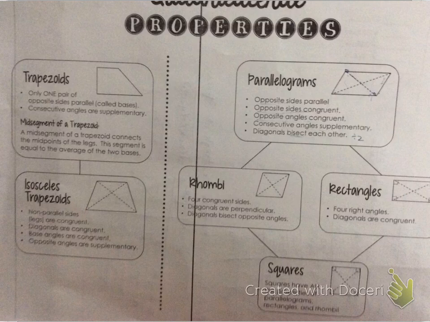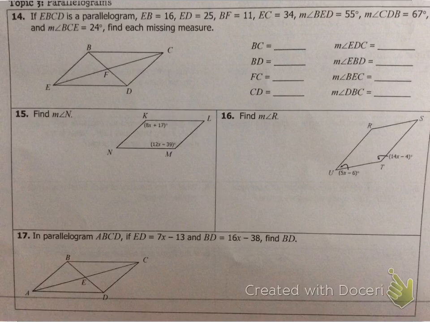So, let's look. Okay, so maybe I did give you something like this, and look, it says EB is 16. And I know CD is 16. ED is 25. So then that's 25. Remember, parallelograms, opposite sides are parallel and congruent. EC is 34.